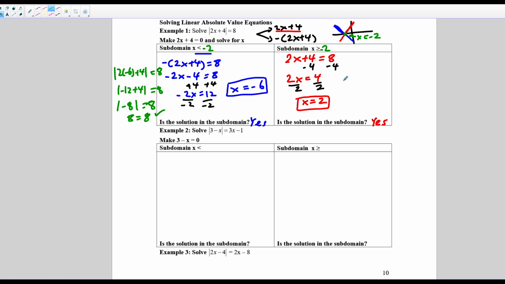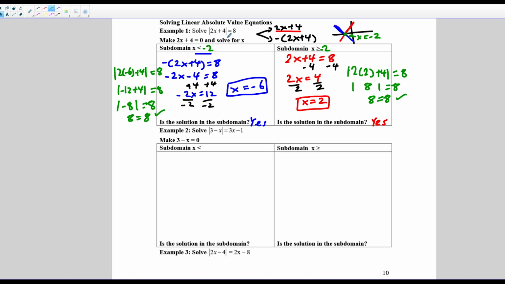I can do the same thing on the right-hand side here. So I can have the absolute value of 2 times 2 plus 4 is equal to 8. So inside I get the absolute value of 8 is equal to 8. So 8 is indeed equal to 8. So I can verify these algebraically just by plugging my solutions back into the original equation.